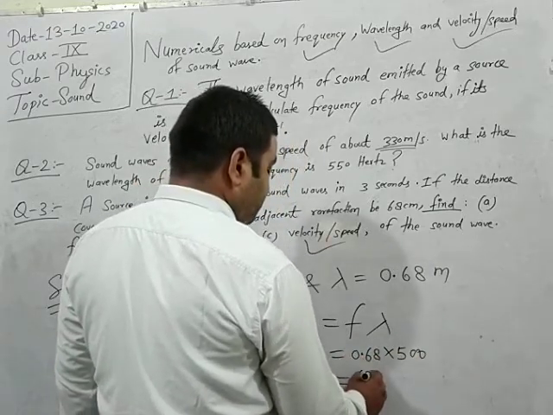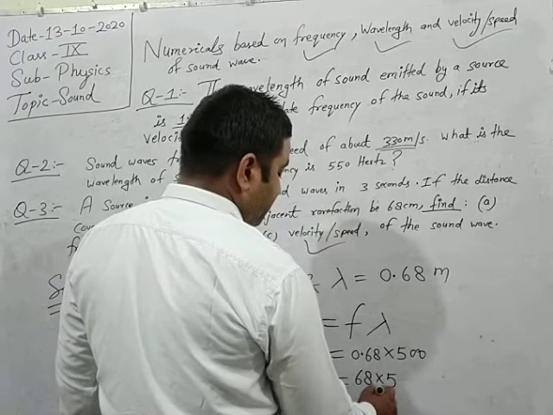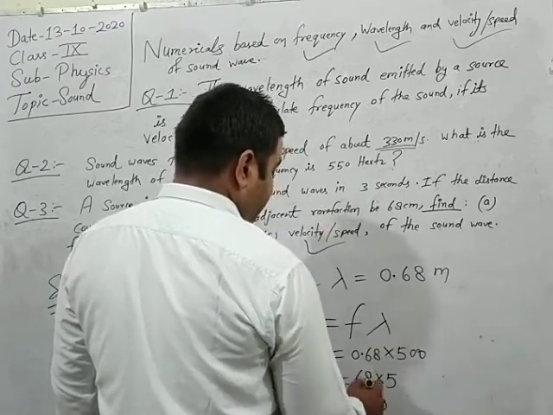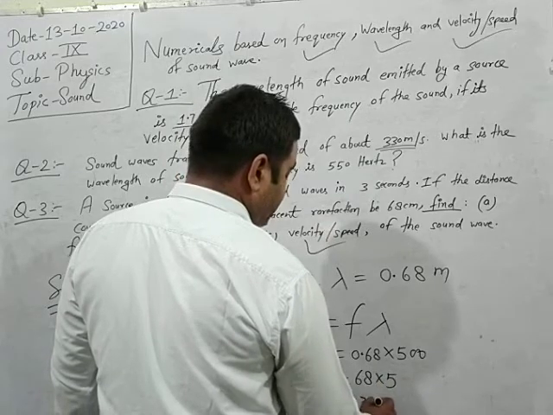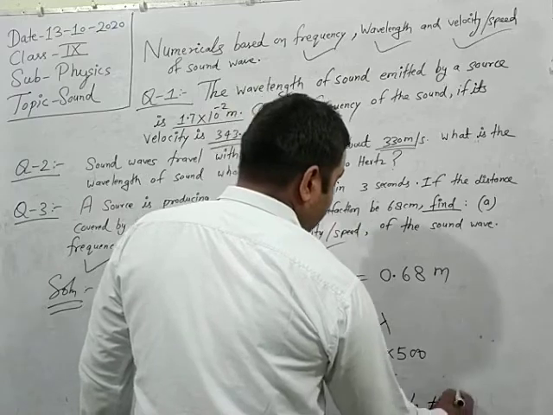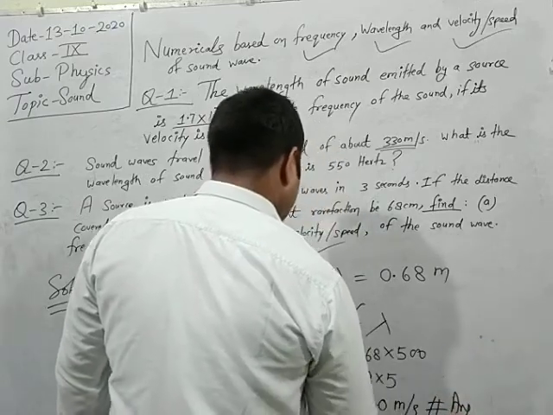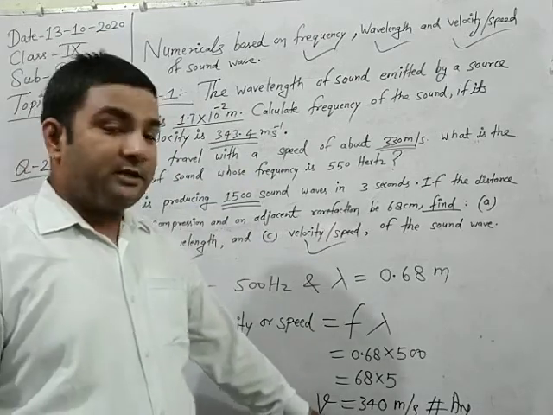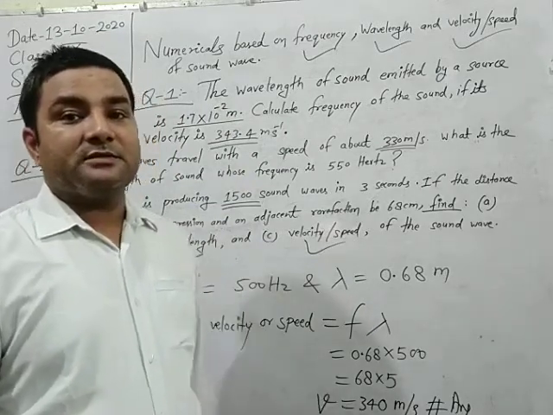So 68 into 5: 5 times 8 is 40, 4 balance; 5 times 6 is 30, and 4 is 34. So 340 meter per second. This is the value of the speed of sound. 340 meter per second. Clear?